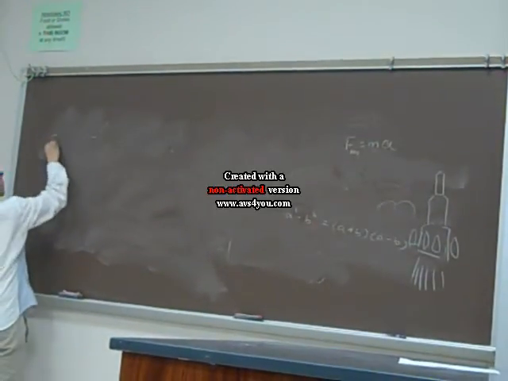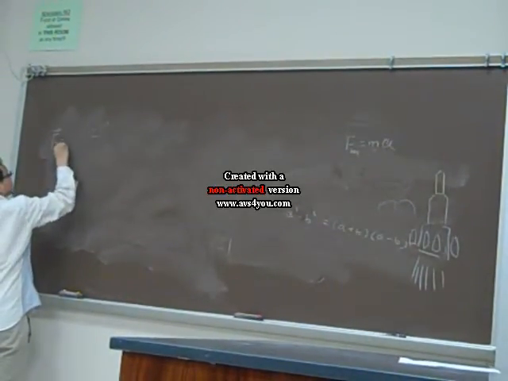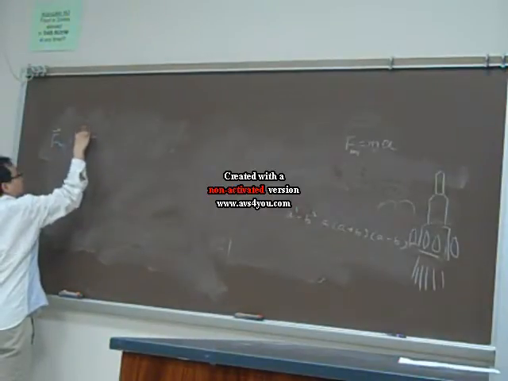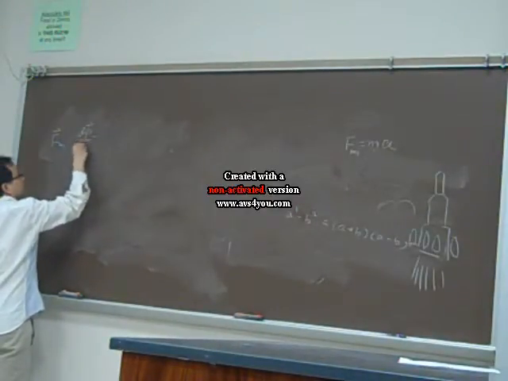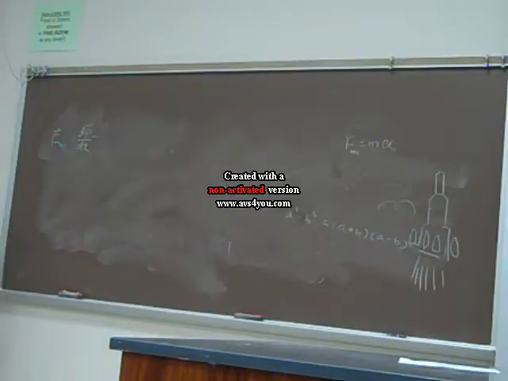You write it as this: F net equals dP over dt. That's the original form of Newton's second law. It simply says that the net force equals the time rate of change of momentum.